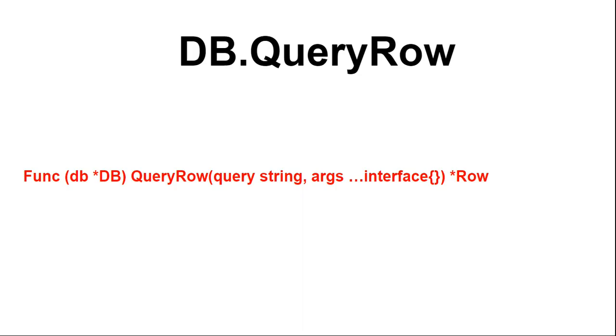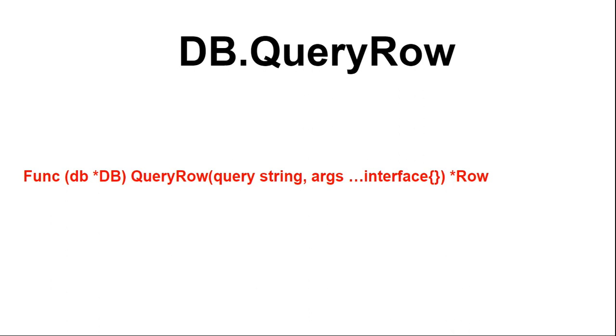There is another method called QueryRow. In the QueryRow function, the expected return is a raw value. Suppose we need to fetch one row of data, then we can use the QueryRow method.